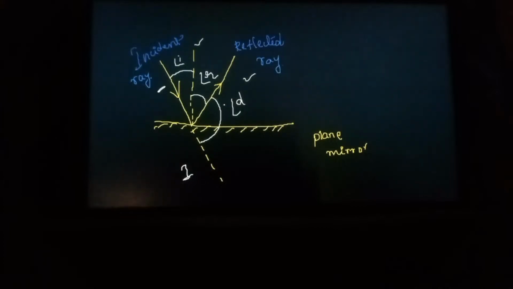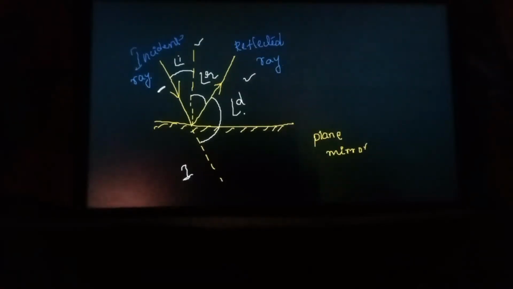The bouncing back of the light from the reflecting surface, this whole phenomenon, is called reflection of light.